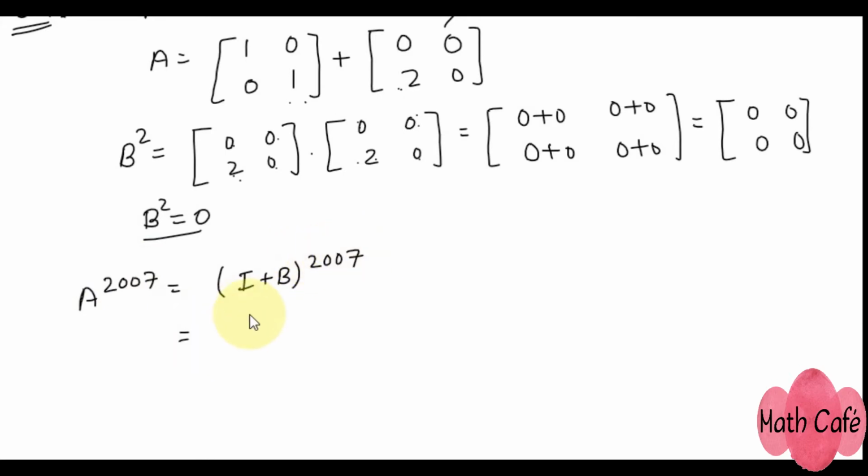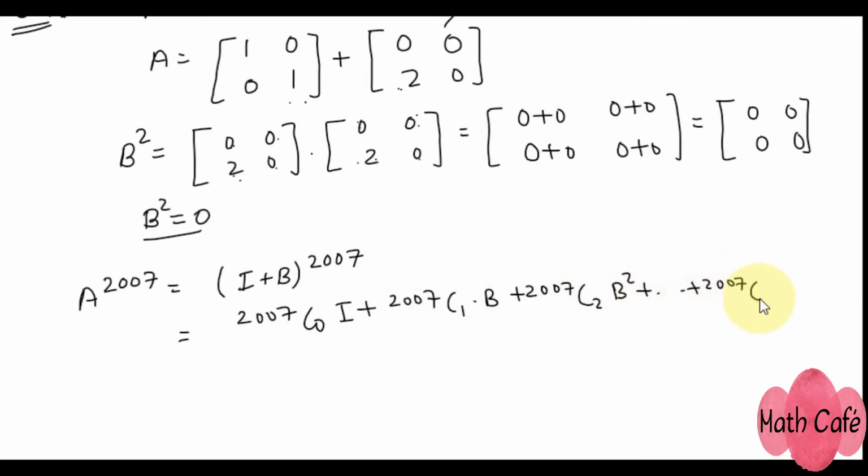This expression can be expanded as 2007C0 multiplied by I plus 2007C1 multiplied by B plus 2007C2 multiplied by B square, and so on, and in the last, 2007C2007 and B power 2007. All right, as we know that B square is equal to 0, then B cube, B power 4, B power 5 all will become 0.